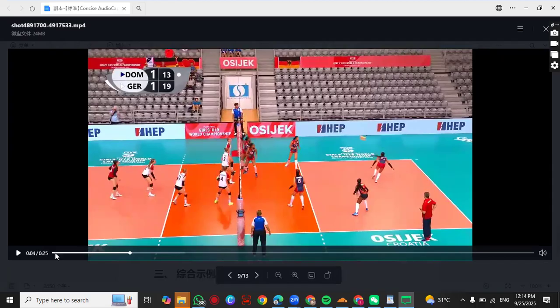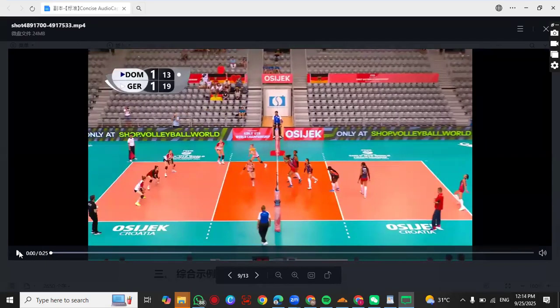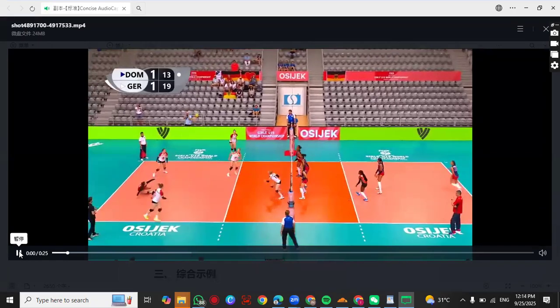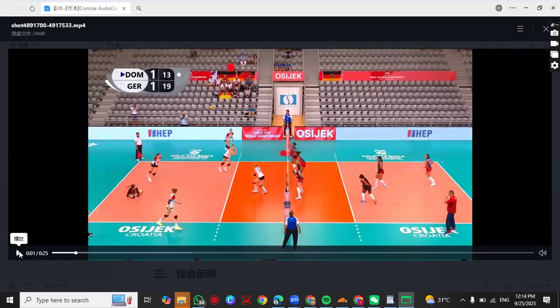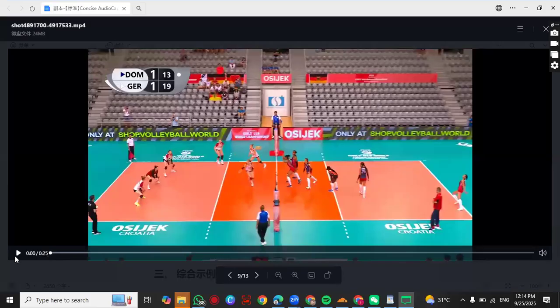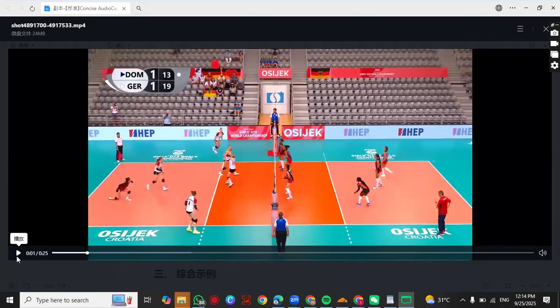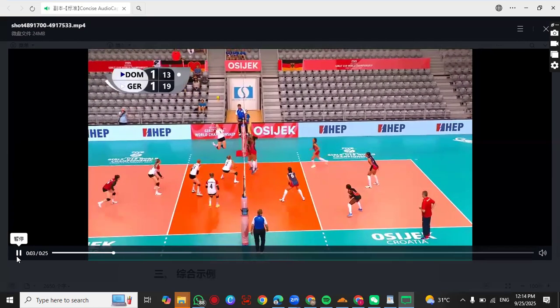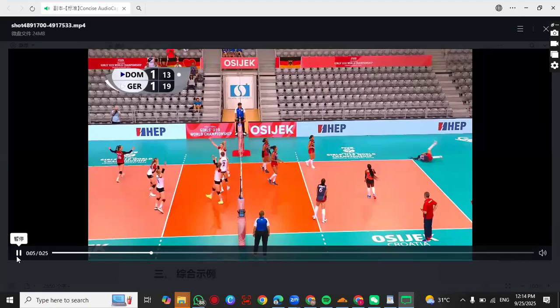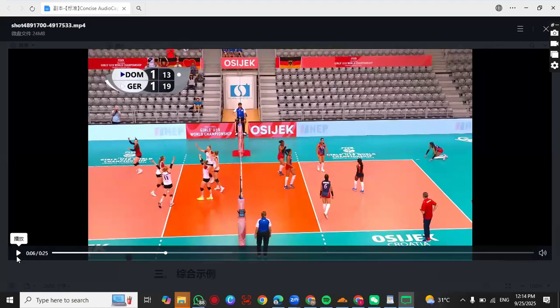Let it get loaded. So first there's a sound of this person who is shouting, right? Right, and then there's the sound of the people coming from the background. Then the sound of the whistle is also heard.